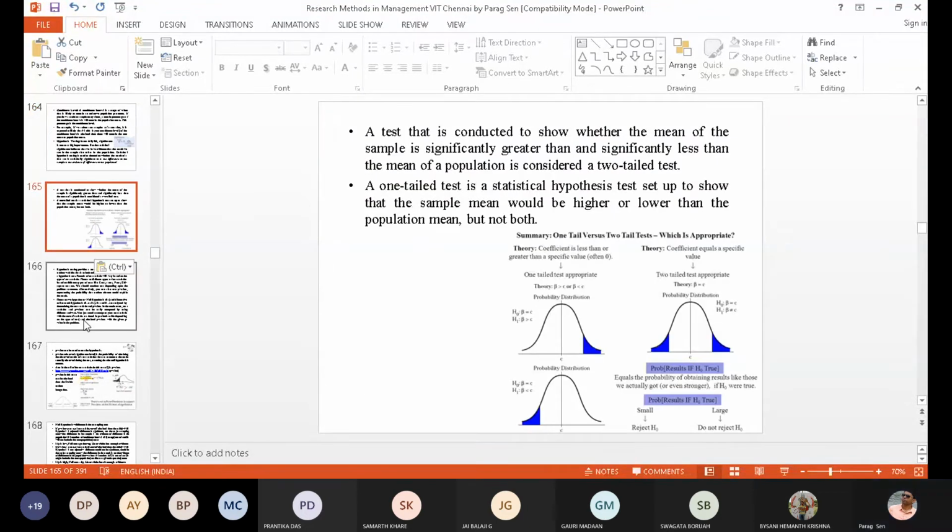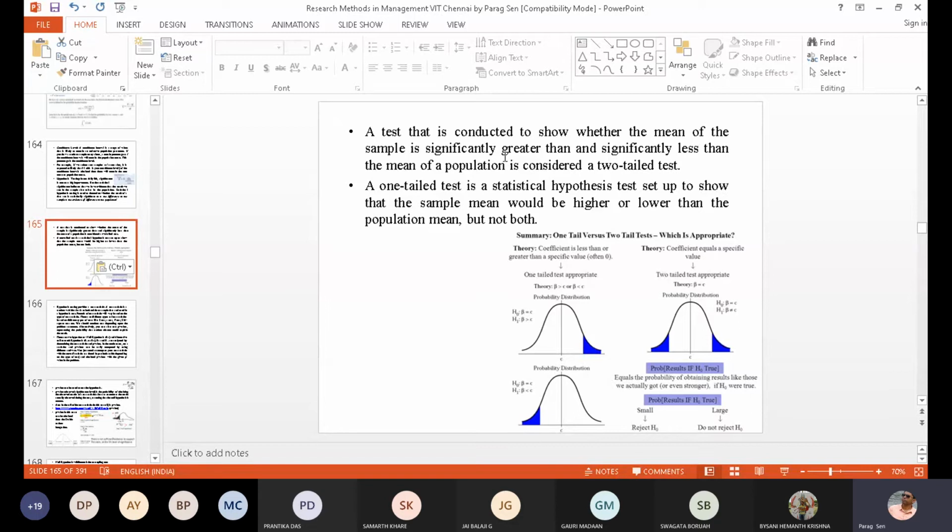So a test that is conducted to show whether the mean of the sample is significantly greater than or significantly less than the mean of a population is considered a two-tail test. Here we are discussing the two-tail test and one-tail test. Okay, so let's take a look at the definition.